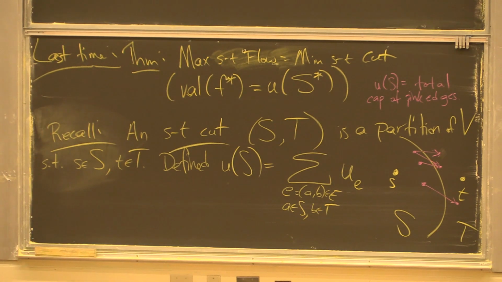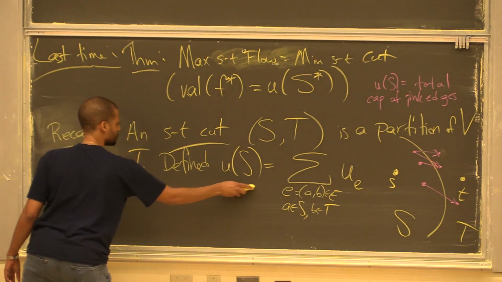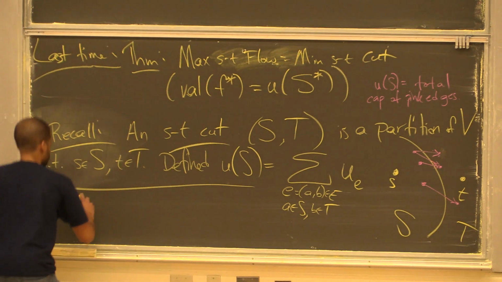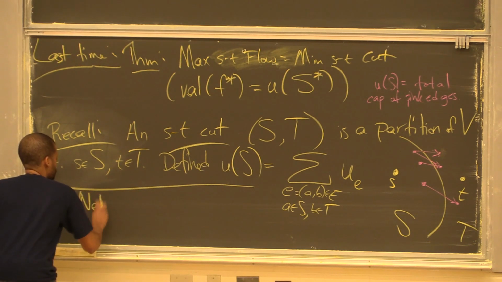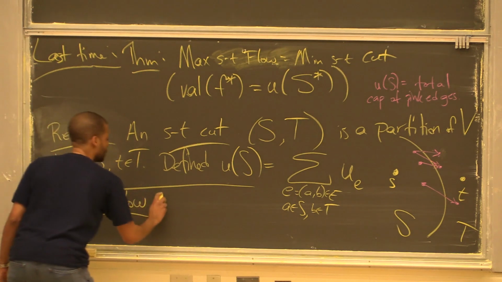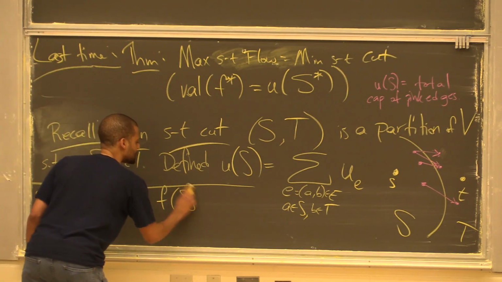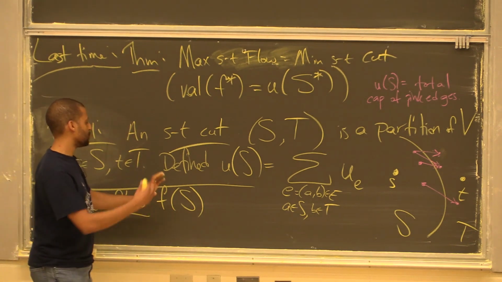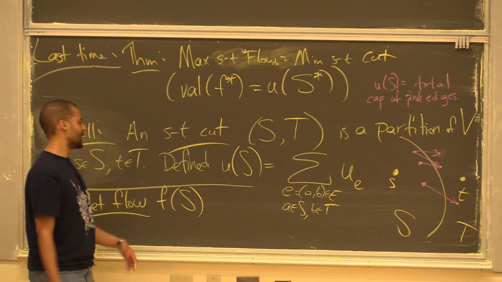And I want to give one more definition before I state the next lemma. Let's define the net flow across a cut, and let's call that f of capital S. So f is a flow here. It's a vector indexed by edges. And when I write that vector with parentheses capital S, that's the net flow.